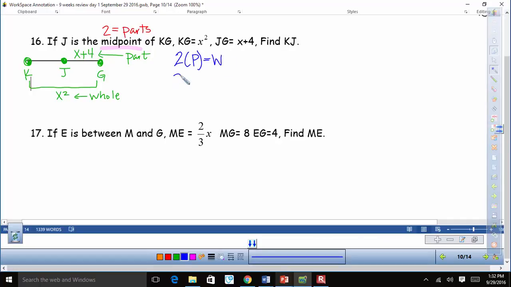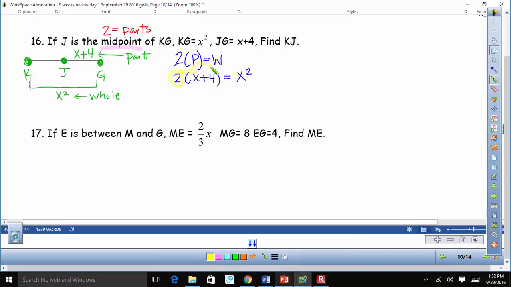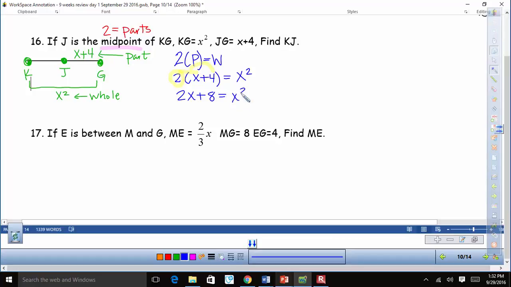So our part is x plus 4. And that equals our whole, which is x squared, okay? So we are going to take this 2 right here, and I'm going to distribute it to both things in the parentheses. So that's going to give me 2x plus 8 equals x squared. Okay, something should be signaling in your head that this is special. What is it?